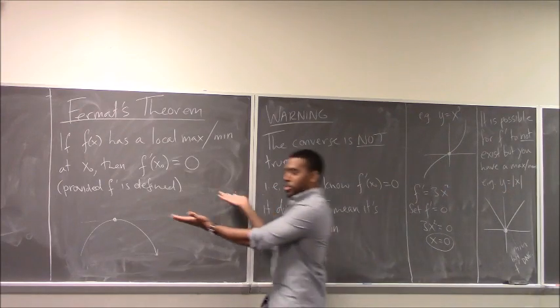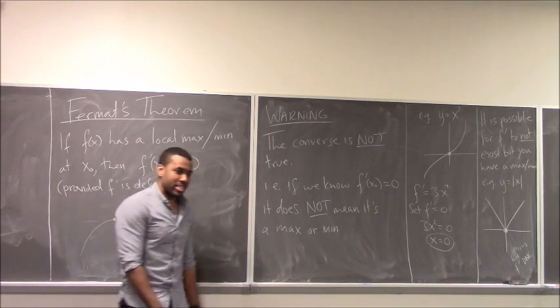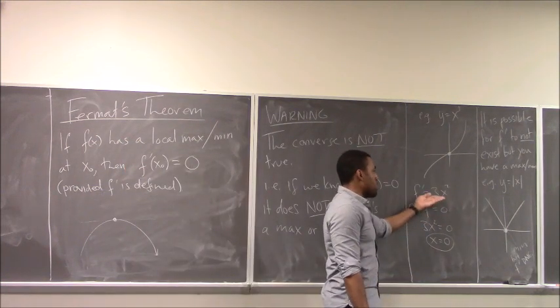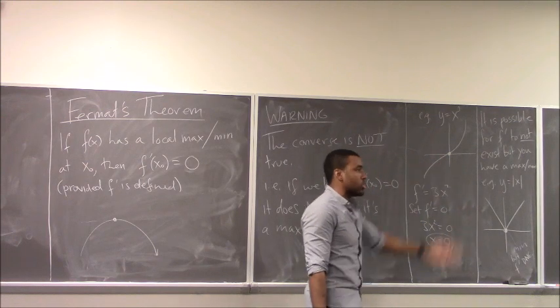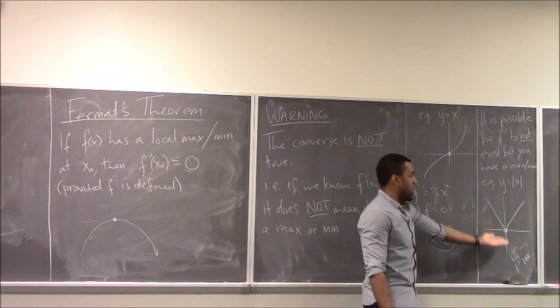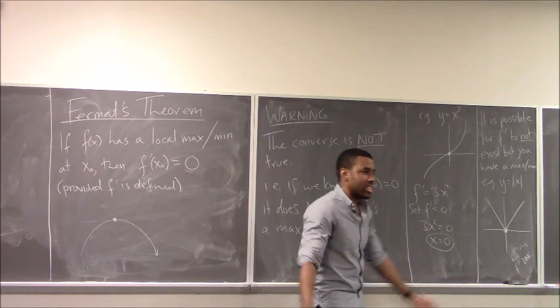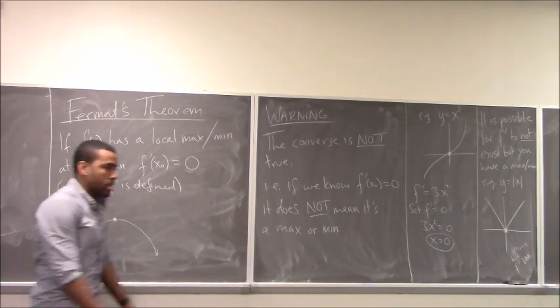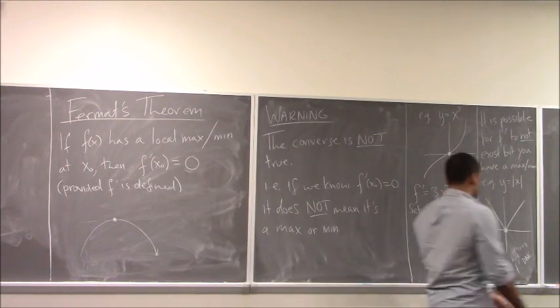So there's this wonderful theorem, but it seems almost useless as stated, because there are cases where the thing that we can easily check doesn't work out, and there are cases where we can't check it because the derivative doesn't even exist, but there are maximums and minimums. But it's still important with the aid of two things.